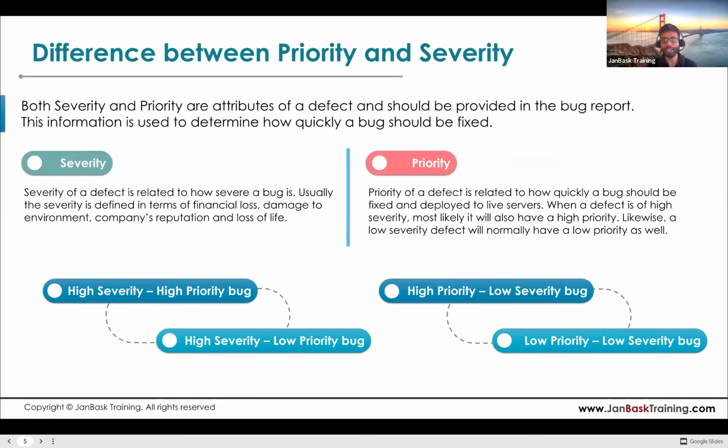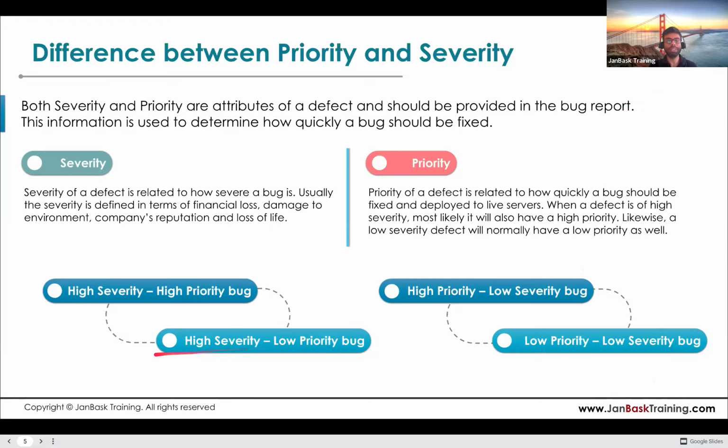So suppose this wording is not there, or suppose this small line is missing here. This is not affecting your brand value because the company name is present there, and this is in no way affecting the functionality of the application, right? So in this case, it's a low priority, low severity bug. Very good. I mean, you are getting the concepts clear.